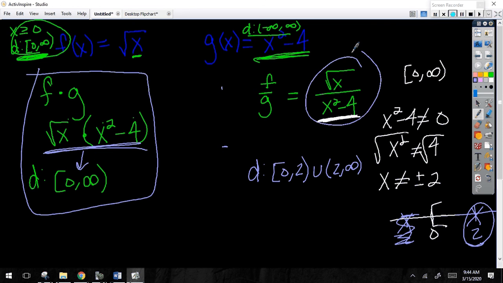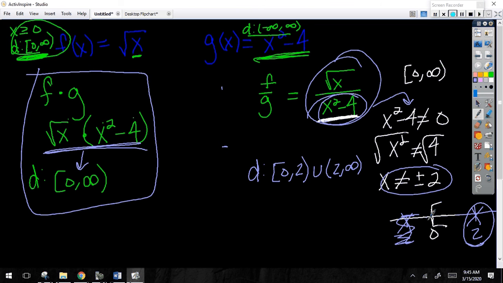However, whenever I divide them this way, f divided by g, this is the next problem on the review, I end up with a fraction, and I really have to take into account that the bottom of this fraction can't equal 0. So if I solve that, I see that x can't be negative 2 or positive 2.